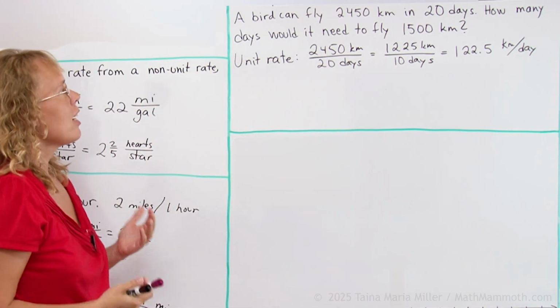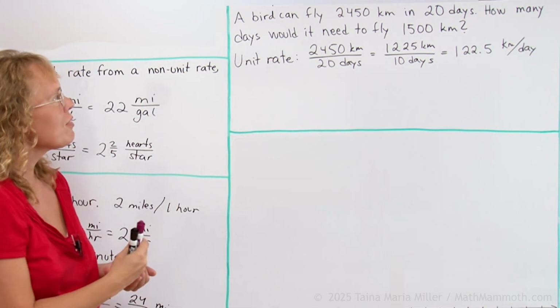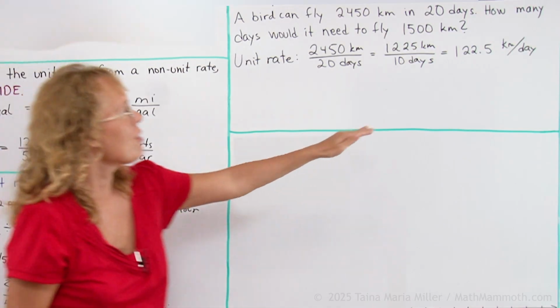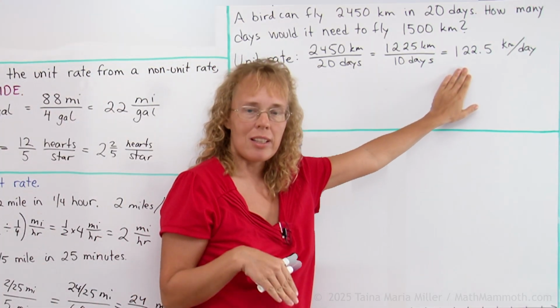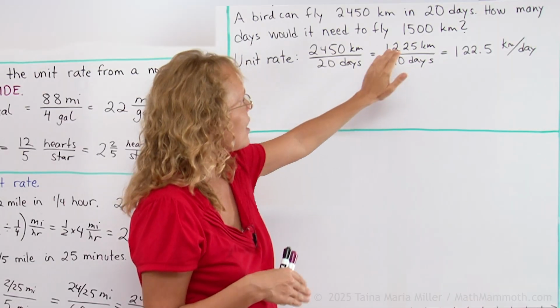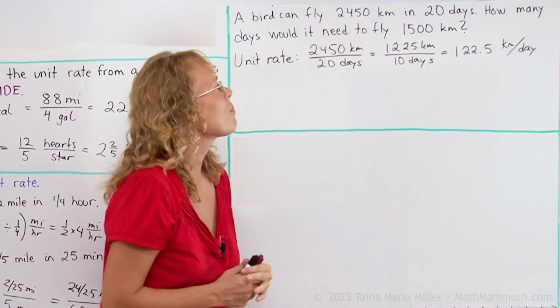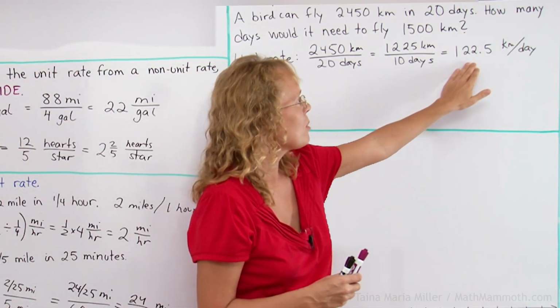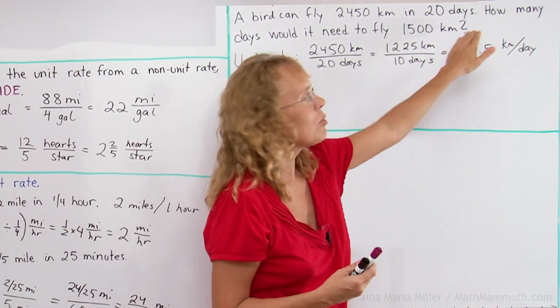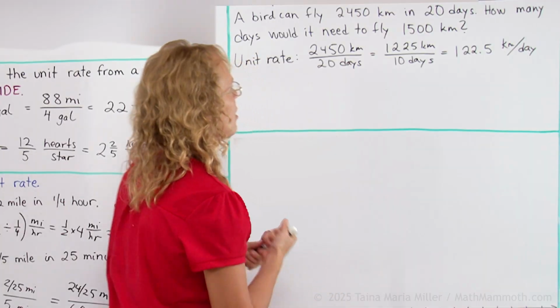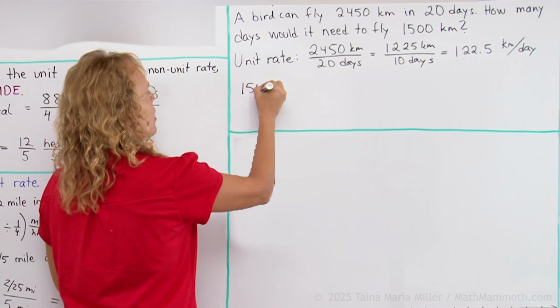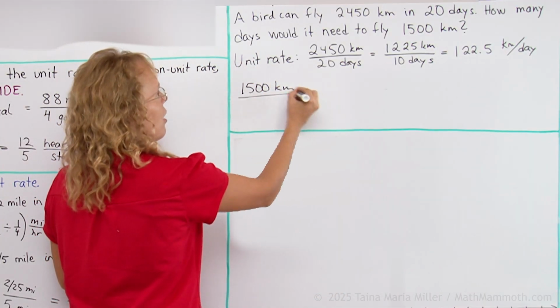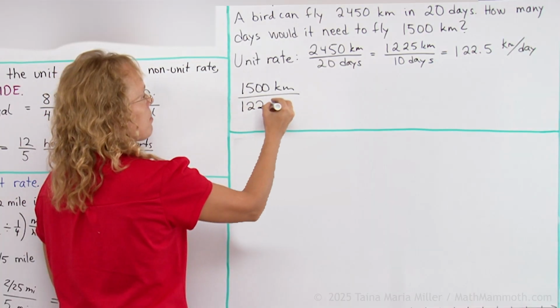And now it's asking, how many days would it need to fly 1,500 kilometers? If it is this many kilometers in 1 day, then how many days for 1,500 kilometers? To do that, you just check how many times this amount goes into 1,500. Or you divide, you use basic division. 1,500 kilometers divided by that unit rate.